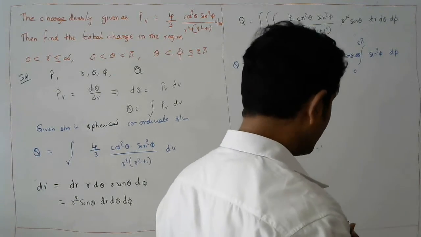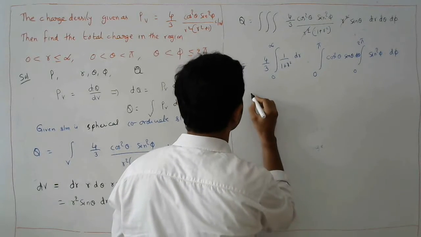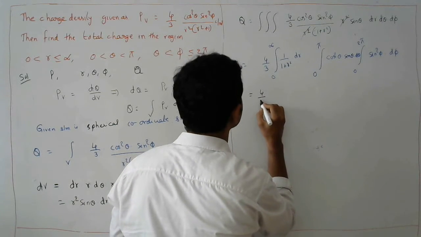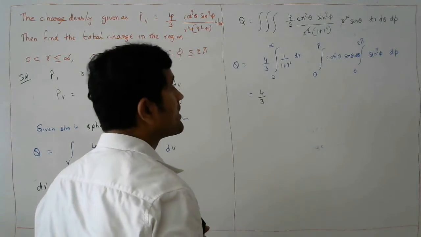This is also equal to 4 by 3 times the integral from 0 to infinity of 1 by 1 plus r square dr.